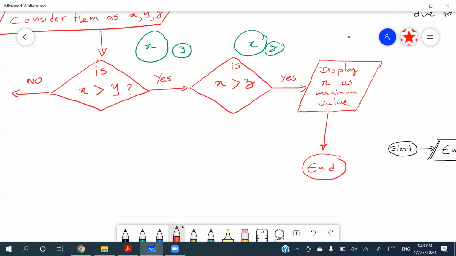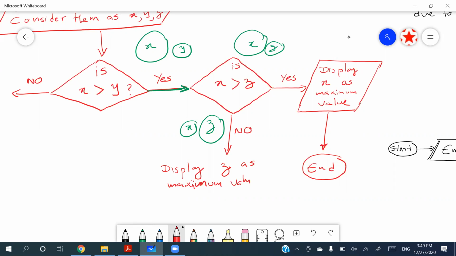Right? Then on the no part, if this second condition is no, it means Z is greater than X. When you are flowing through this particular yes path, you know that X is greater than Y, so X is the larger one out of X and Y. But here Z is larger than X. So that means, without a doubt, you can say display Z as maximum value, which is going to be an output.